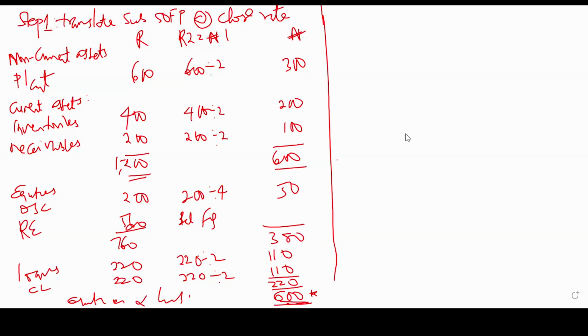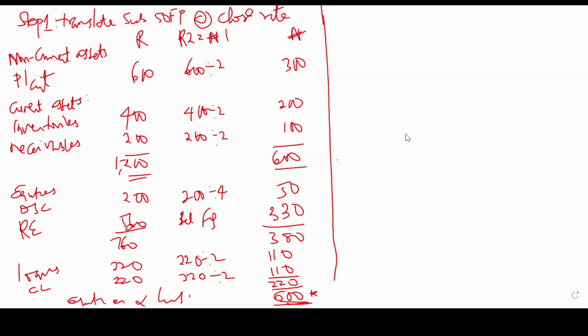Now, if my equity is 380 and I have 50 as my ordinary share capital, the balancing figure here should be 330. All right? So that's what I mean by the balancing figure here.